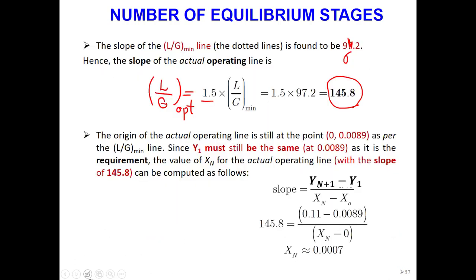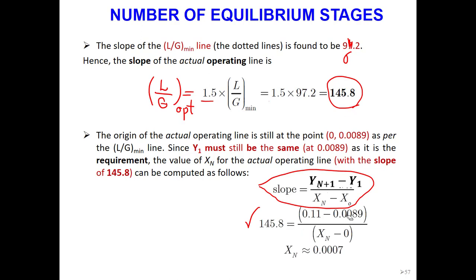We can use the same equation again. The slope of the line between these 2 points is the difference in the y of the 2 points divided by the difference of the x of those 2 points. The new slope that we calculated is 145.8.